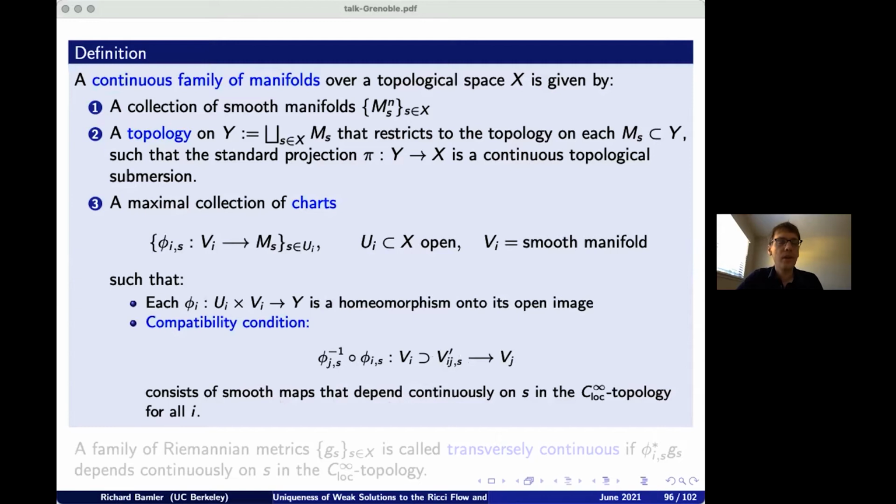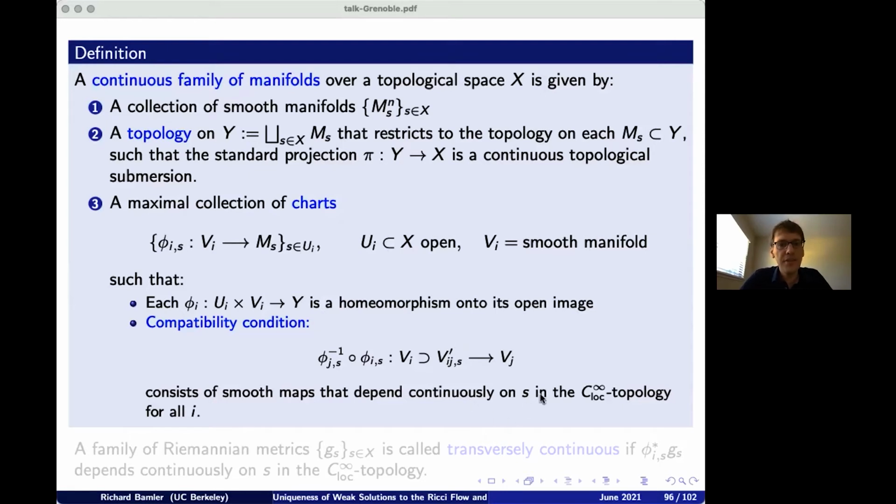So this is a little weaker than saying that we have a smooth submersion. If we had a smooth submersion, then we would have a smooth structure on this total space. But we don't have a sense of smoothness for now on the total space. We only want to say whether smooth maps on M_S vary continuously in the C infinity topology.